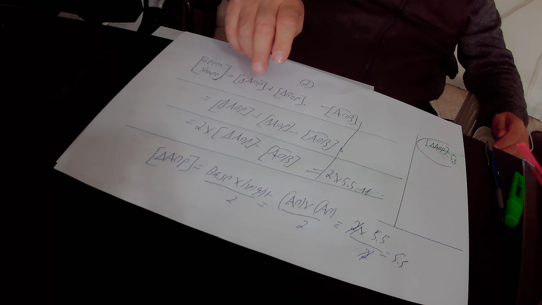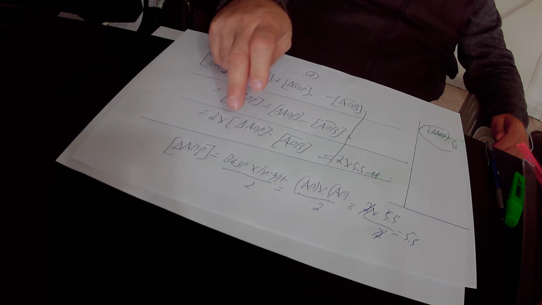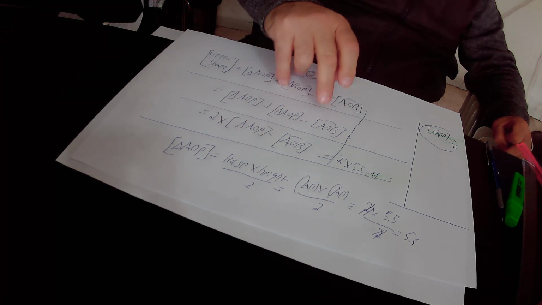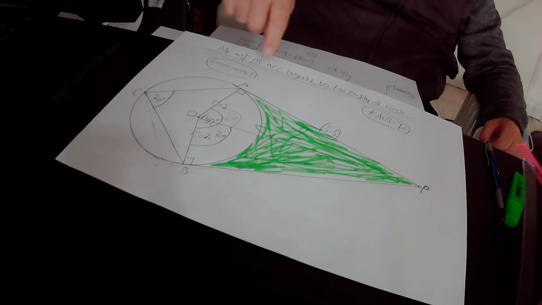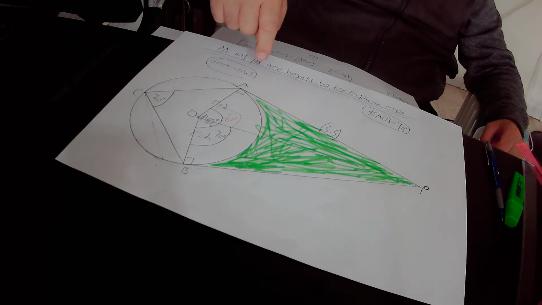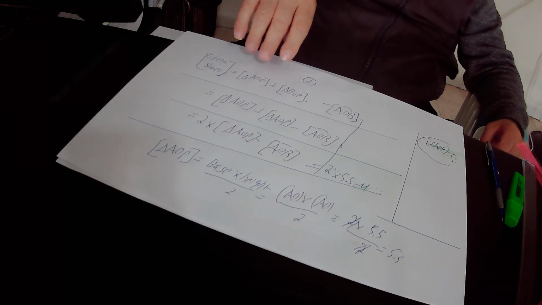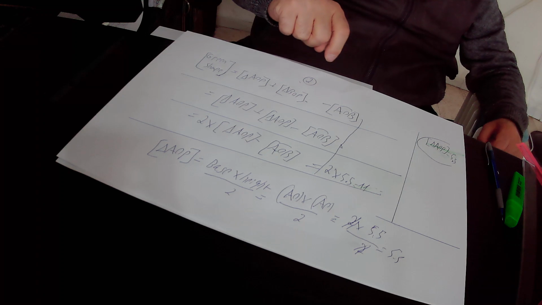Then we calculated the area of triangle AOP. The area of any triangle equals the base of the triangle times the height over 2. So the area of this triangle AOP equals the base AO times the height AP, divided by 2.